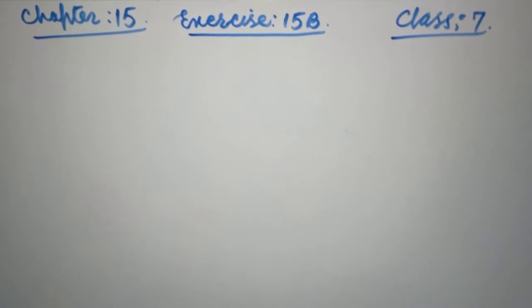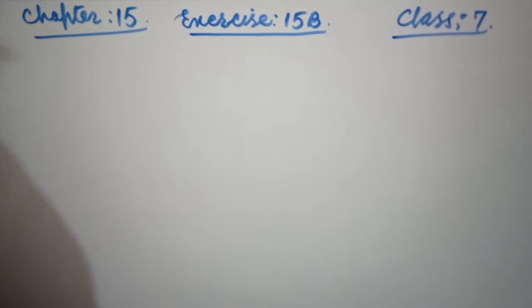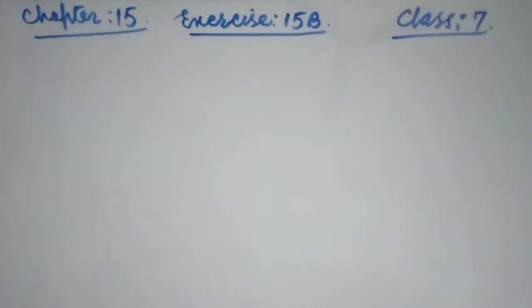Friends, in this video lecture we will discuss and understand how to solve the sums of exercise 15b. This is class 7, chapter number 15, and the chapter name is Properties of Triangles.